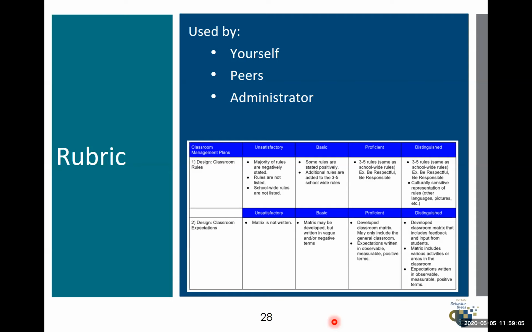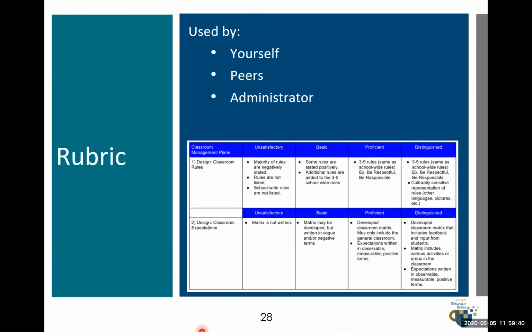So they did before they implemented their classroom management plan. Sometimes they would have their peer give them feedback on their classroom management plans. And then finally, if you are implementing this district-wide or it's a building level expectation, administrators utilize the rubric in order to provide feedback to classroom teachers with the expectation that 80% of their classroom management plan should be in that proficient level or higher. So they were utilizing it for feedback.